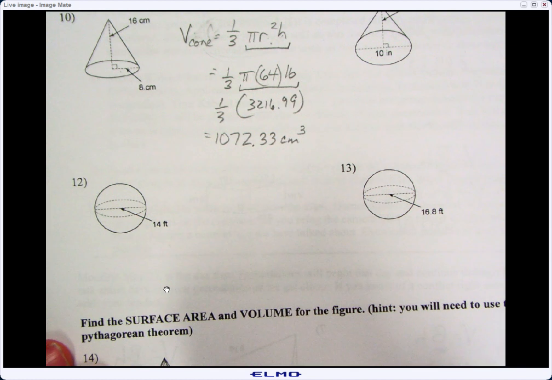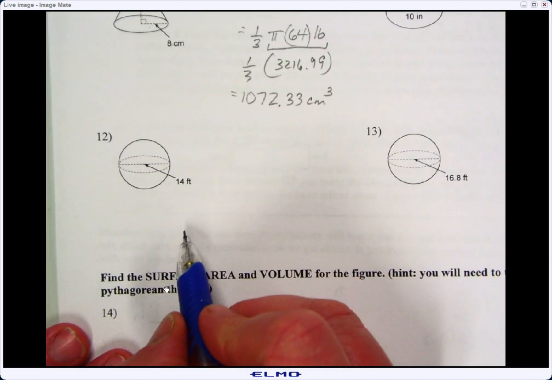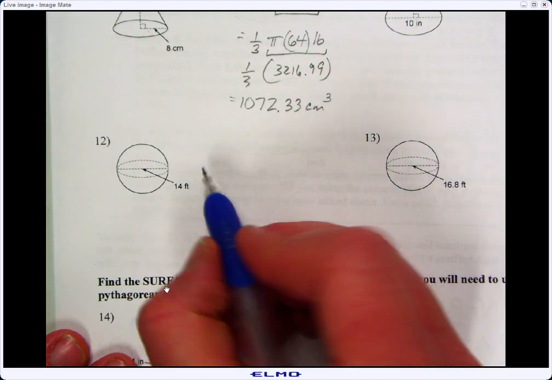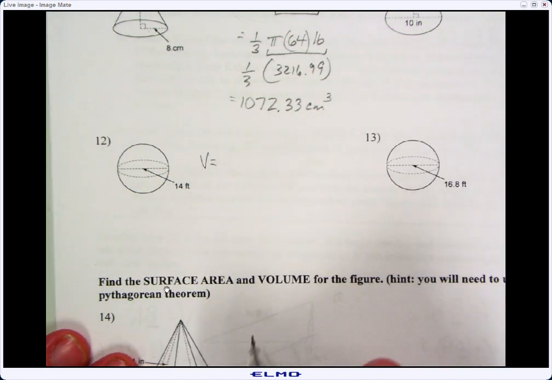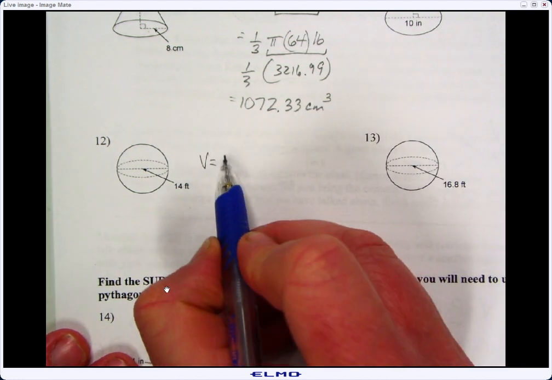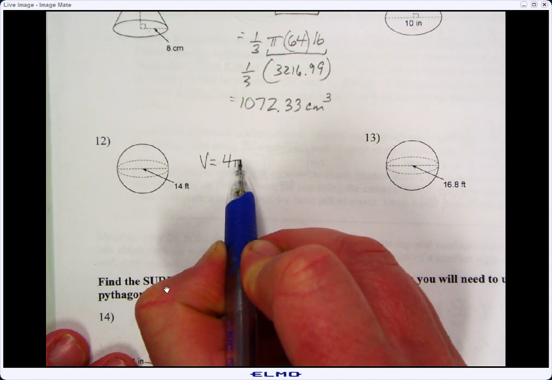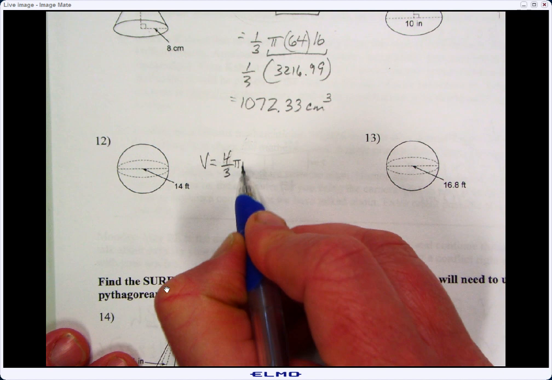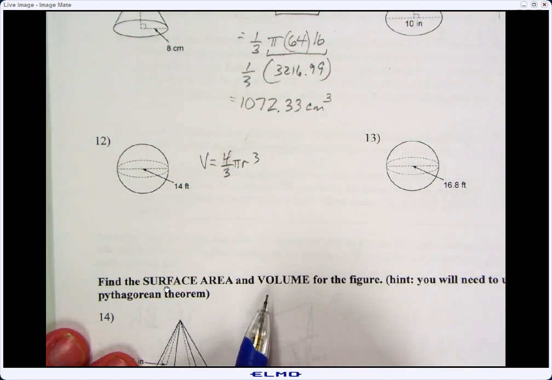Last one is a sphere, and the formula for a sphere is the volume is equal to 4/3 pi r cubed. 4/3 pi r cubed.